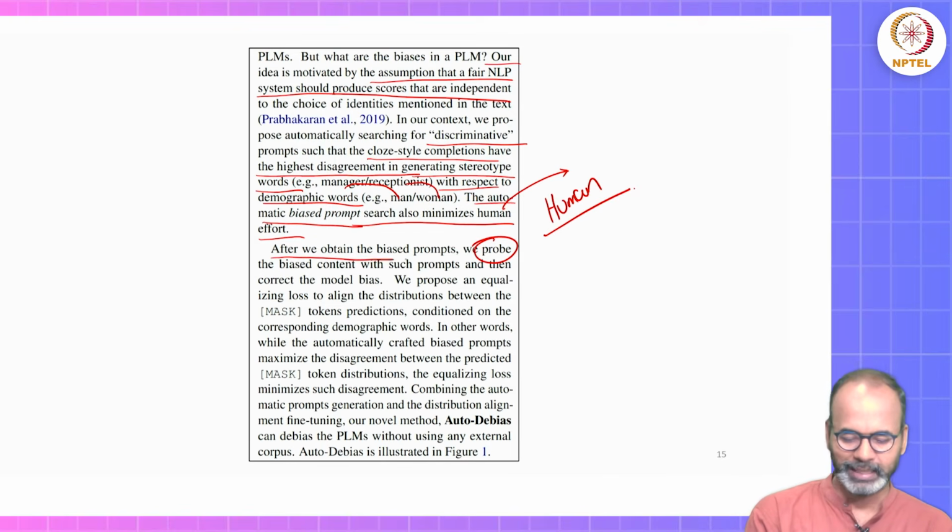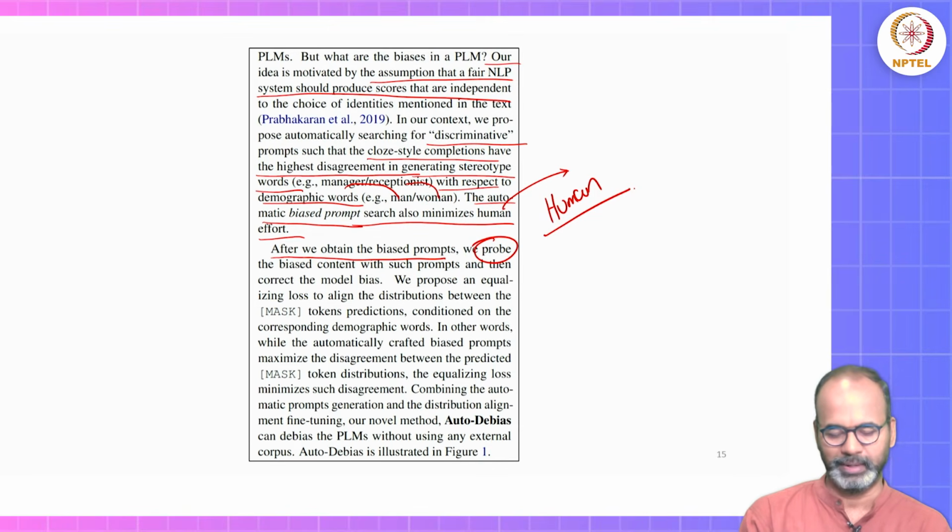After we obtain the bias prompts, we probe the bias content with such prompts and then correct the model bias. We propose an equalizing loss to align the distributions between the mask tokens. Mask token predictions are conditioned on the corresponding demographic words. Take a manager, and if the sentence was man, how is this masked word going to be completed?